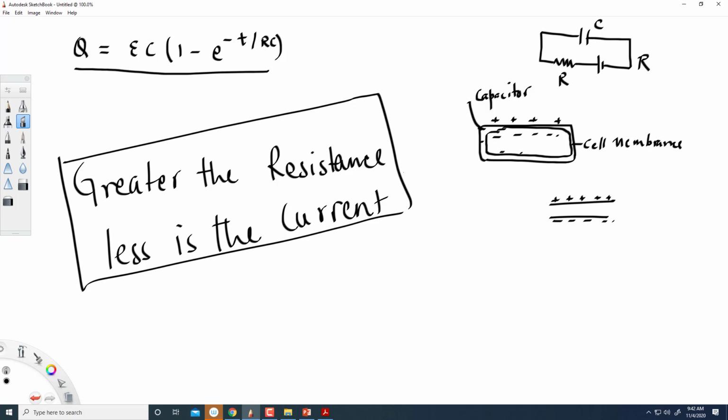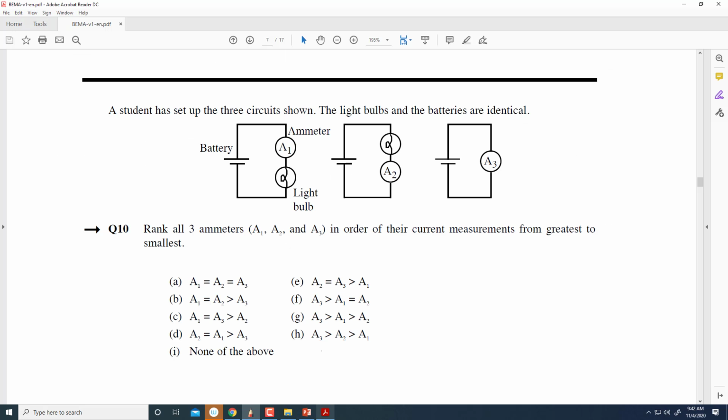So with that, let's look at the question. Same resistor, so same resistance, same current. Comparing these two, which one has greater resistance? There is no resistor here. That means this one has the least resistance. Least resistance means the most current, right?